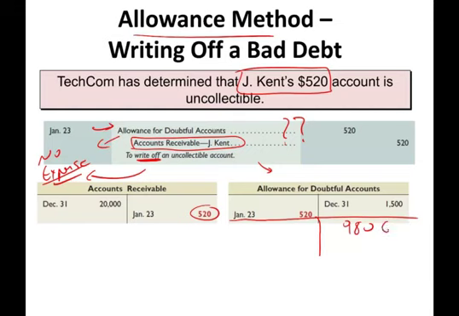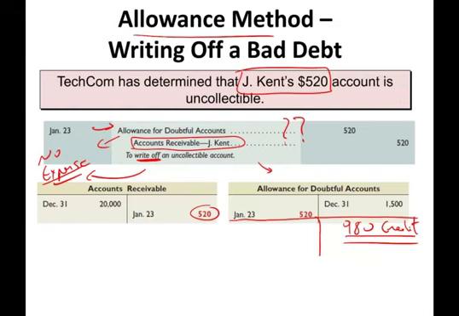Let's assume we end the year with this balance. Simply put, no other customer failed to pay. All the other customers paid on time. Therefore, we did not have any reason to write off any account. What does it mean if we have a credit balance? Please write this down.